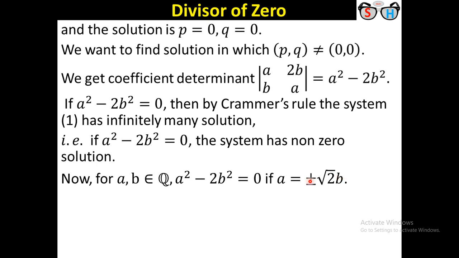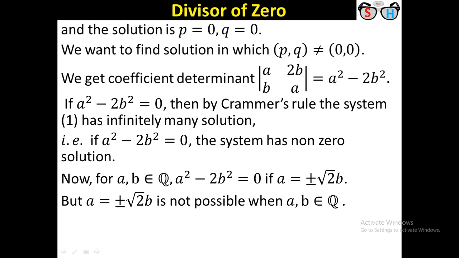If b is non-zero, then a by b equal to plus or minus root 2. That is, a by b is an irrational number. But here a, b are rational numbers. Division of two rational numbers is always a rational number provided b is non-zero. But here a by b is an irrational number. This is not possible, which contradicts a equal to plus minus root 2 b when a, b belong to Q.